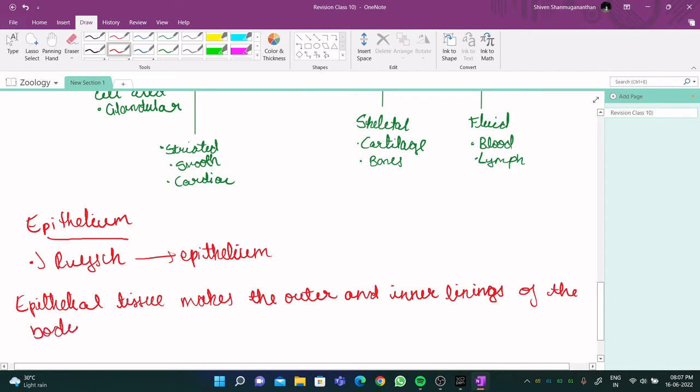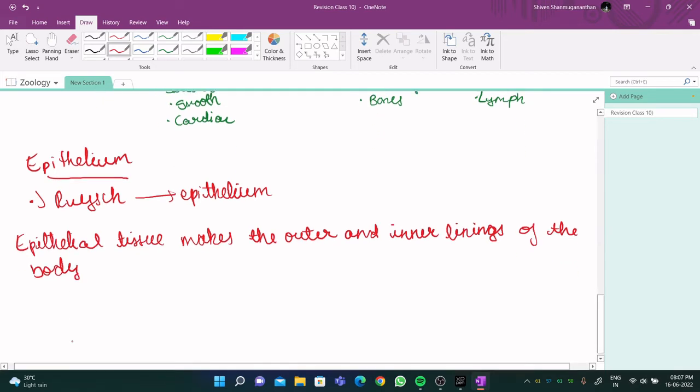Now, the outer lining is basically referring to the skin, and inner linings are basically the linings of the organs. For example, the lining of the liver or the kidney or the esophagus, which is the food pipe.